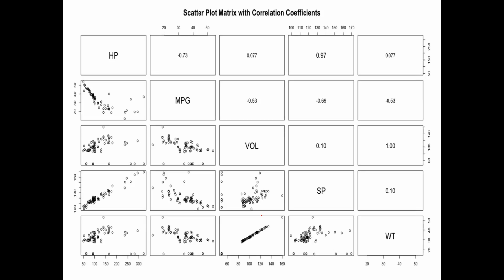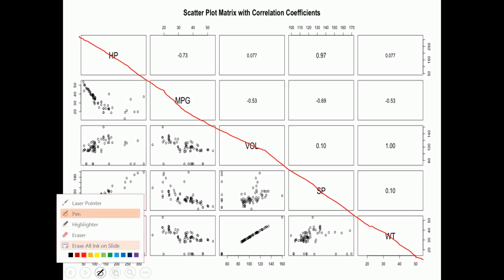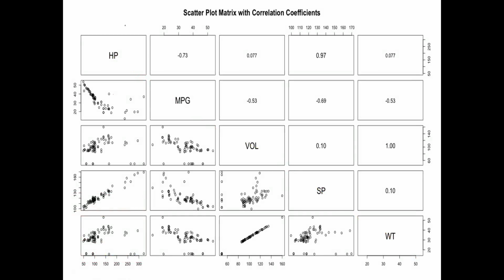I'm awaiting a response from your end. Look at the scatter plot and comment, please. Assume that there's a diagonal there. Unable to infer anything? Let us look into this.